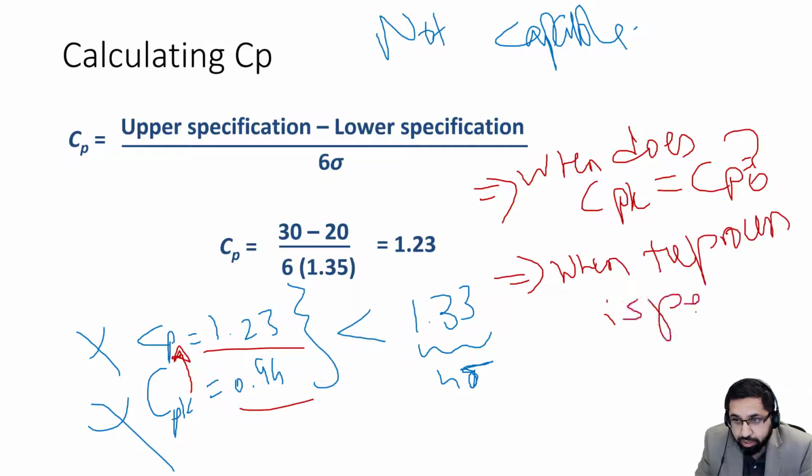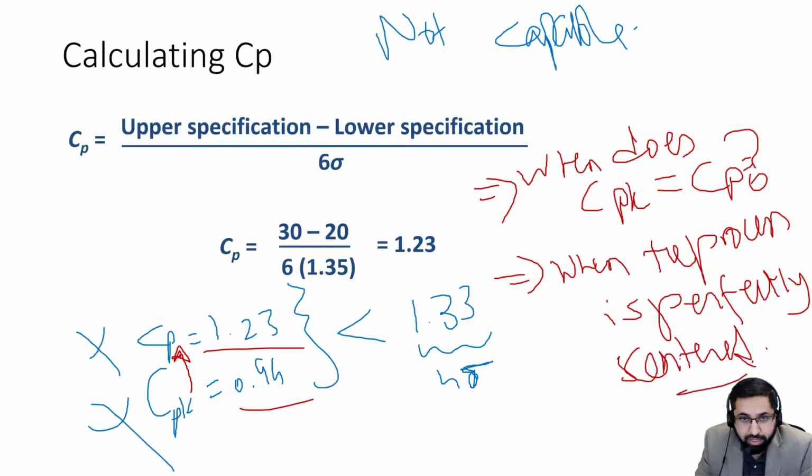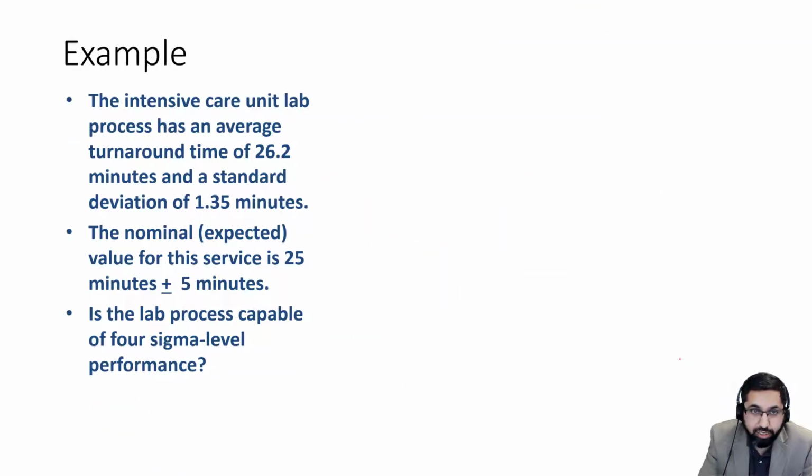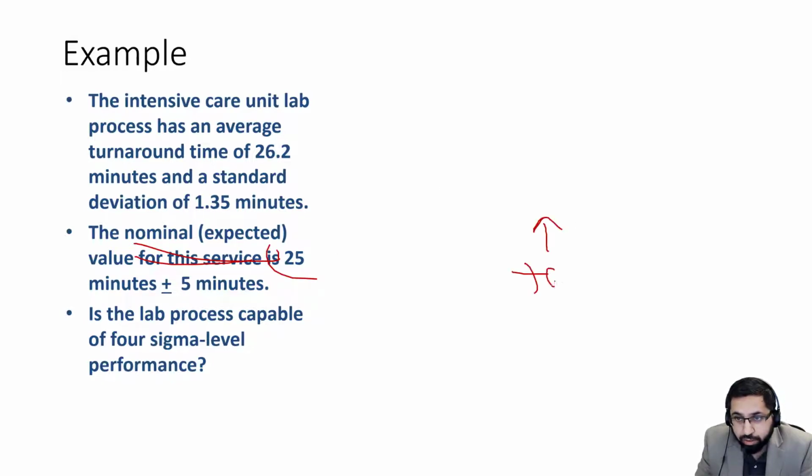Perfectly centered. So what do I mean by that? If you look at this situation here, our target value is 25, and then we have a tolerance of plus or minus 5.